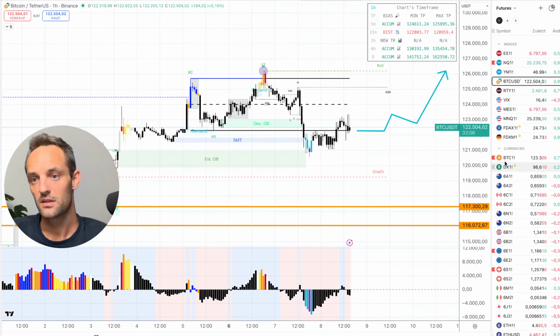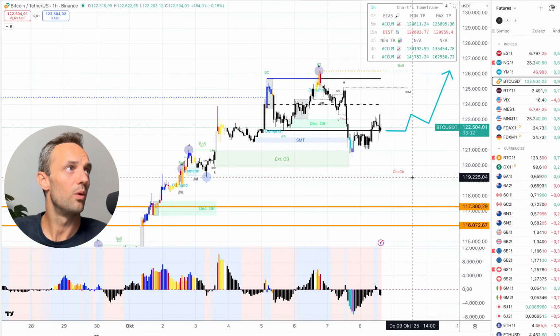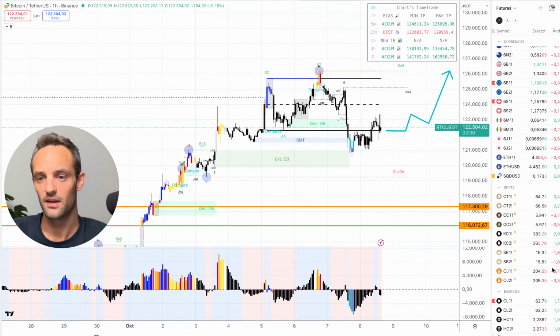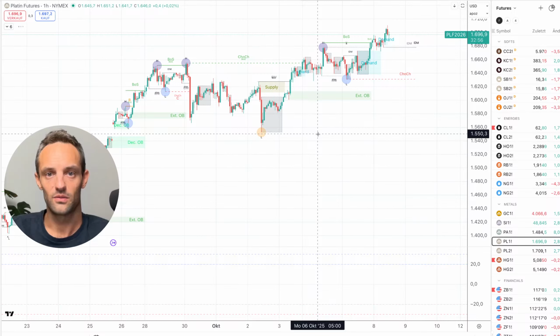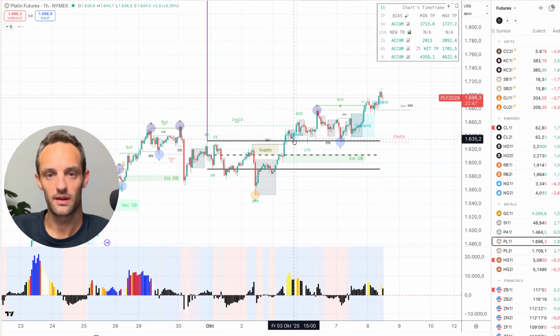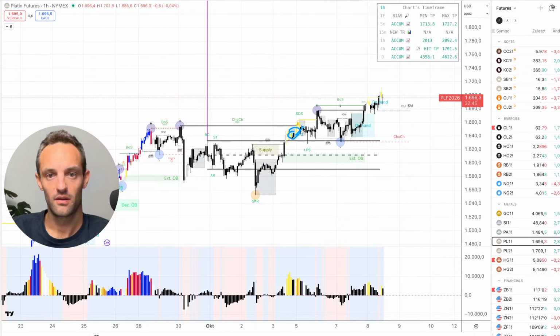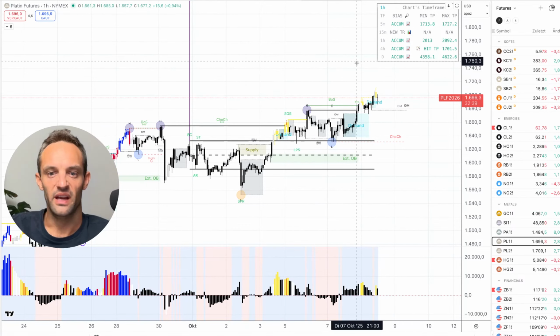Okay, so what else do we have? What other markets do we have? We had platinum some 2 weeks ago, and last week also. We looked at the breakout here, and it's still continuing to the upside. Drifting to the upside.